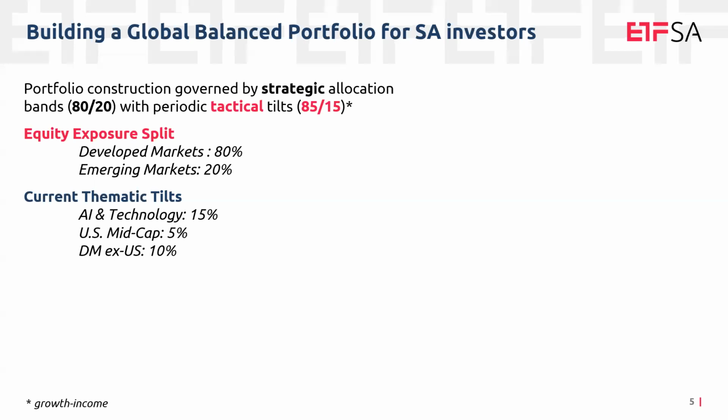And once we've now added more AI, technology, and US mid-caps to our portfolio, we suddenly find ourselves in a position that is now unnecessarily and probably improperly overexposed to the US market. So to counterbalance that, we then specifically add an exposure to developed markets excluding the US.